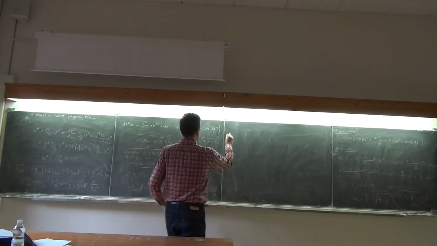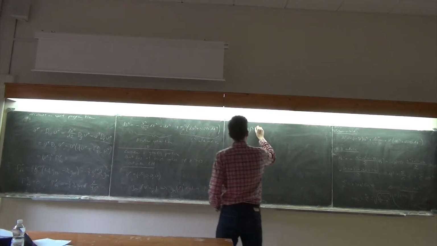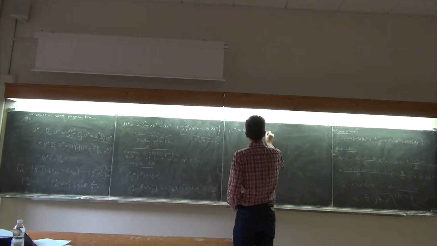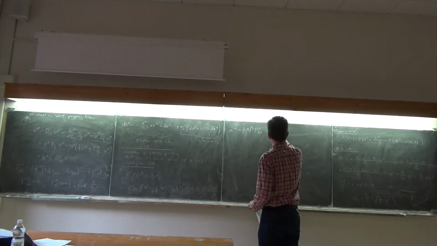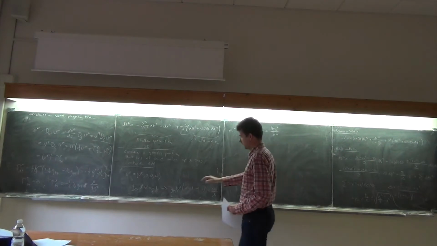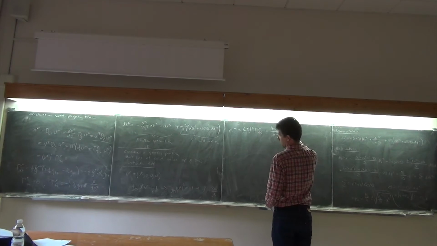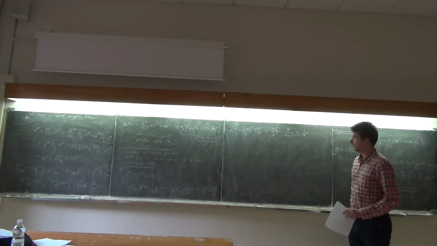Okay, so we had this. Ut squared, this is 4 plus 0 x squared, and then this is x over 4 at 0 squared. So all together we get 1 over x.